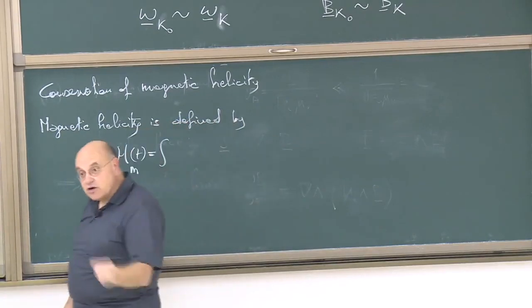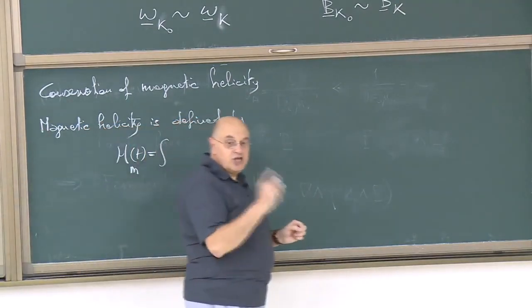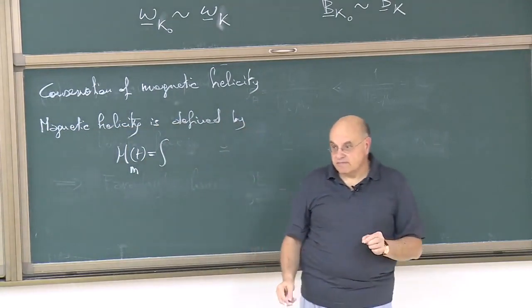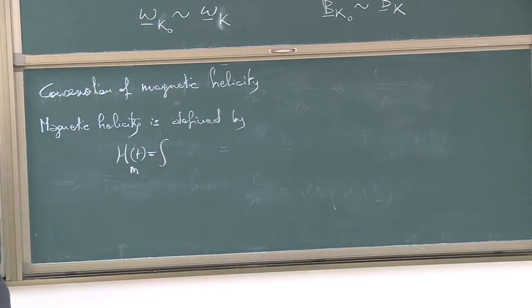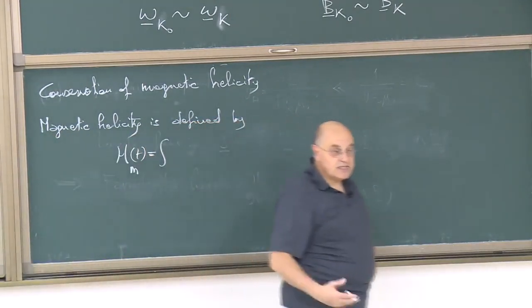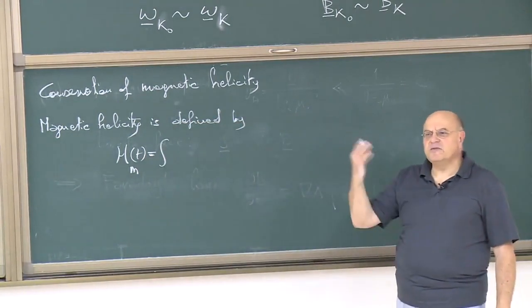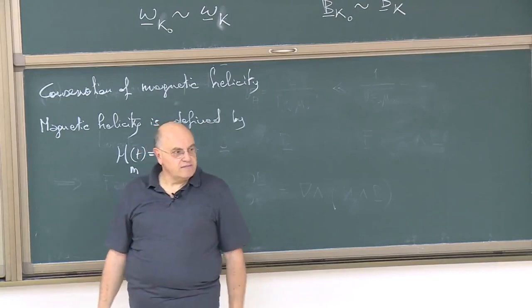Indeed, J is the curl of B. So I can construct a helicity that is J dot B. It's called the electric helicity, I can't remember the name, and it is used perfectly well.